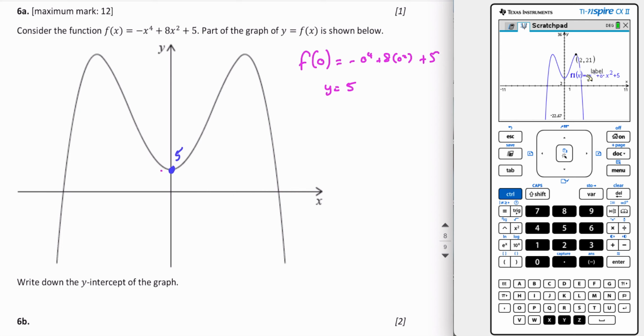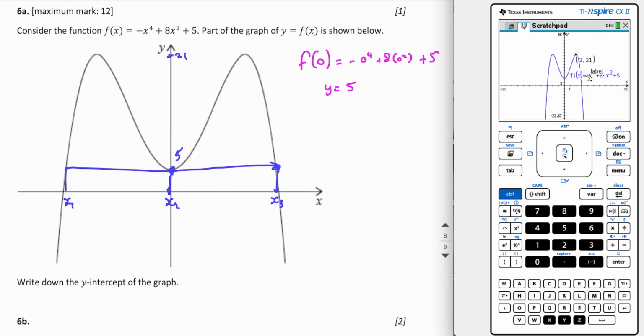Now, if we look across from here, we can also see there is a value here for x, and there is a value here. So we have 1, 2, 3 possible solutions. I'm just going to put 21 back on there.